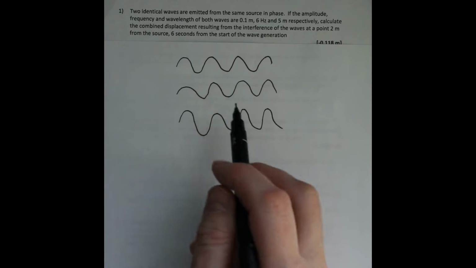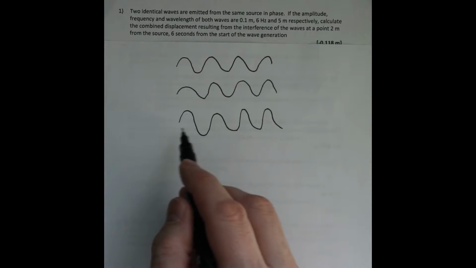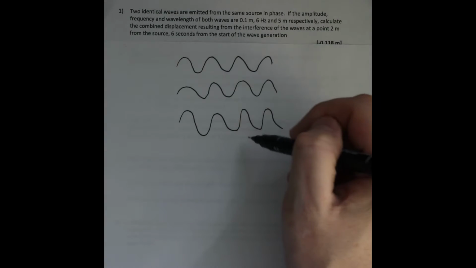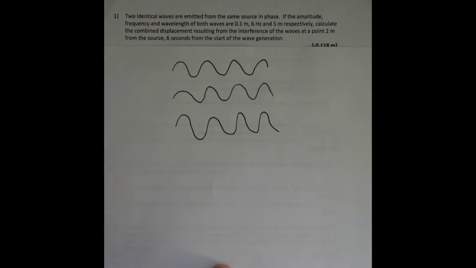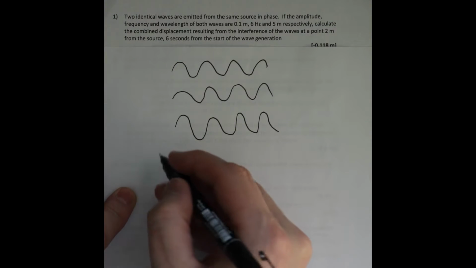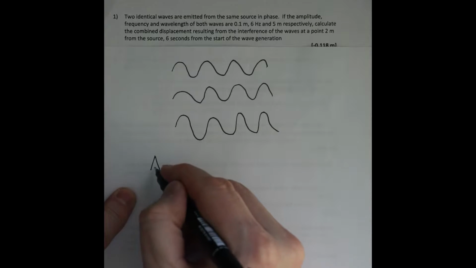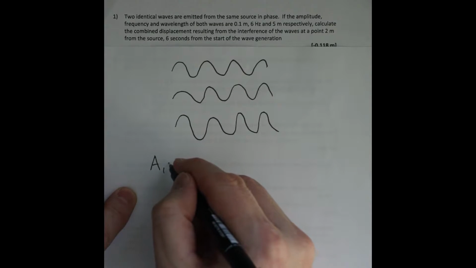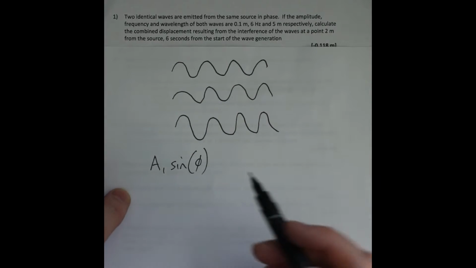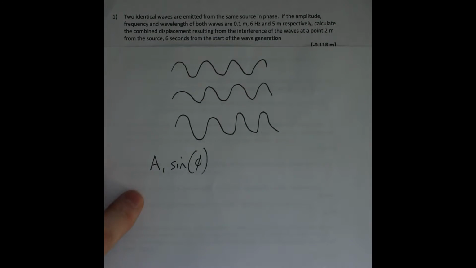if we look for the resultant of two waves at any point in space, the way to look at the resultant is to just add the displacements of those two waves at that given point in time. And so here, if we're adding the displacements together, we're going to end up with 2 times the displacement. That comes from the fact that if we have one wave, wave 1 is given by A1 sine of phi, just a phase relationship where phi is equal to omega t minus kx.